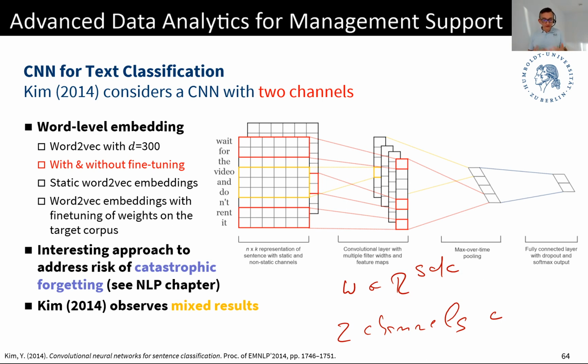So Kim was arguing that's maybe a good idea to avoid this question: how much should I fine tune? Should I fine tune? If I fine tune, how much should I fine tune? He was sort of arguing that you can maybe avoid this question if you just have both in a single architecture and use different types of embedding as different channels.